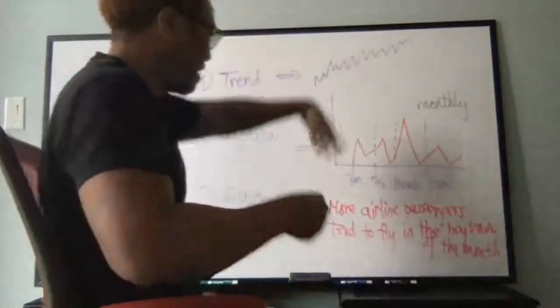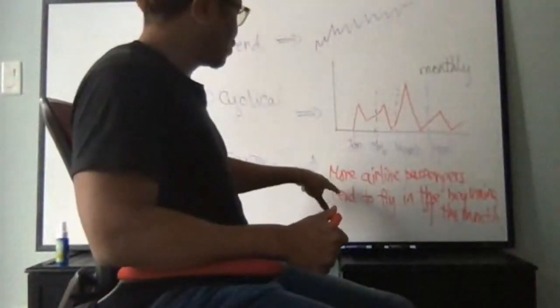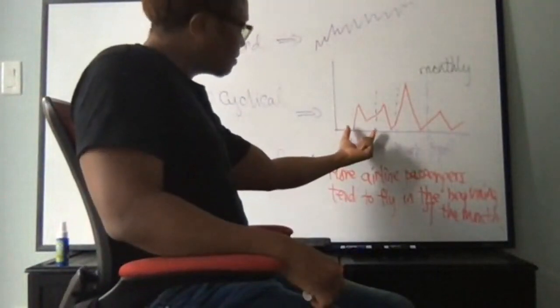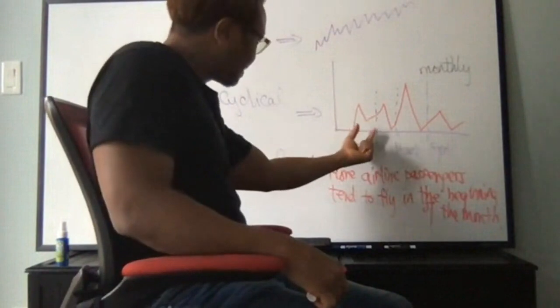Right? I kind of made this up, but notice that once I identify the cycle, then I can start talking about details about what goes on inside of the cycle.